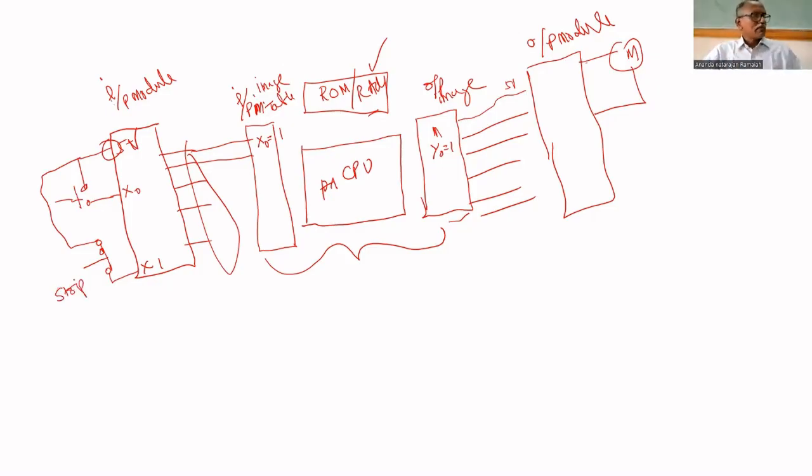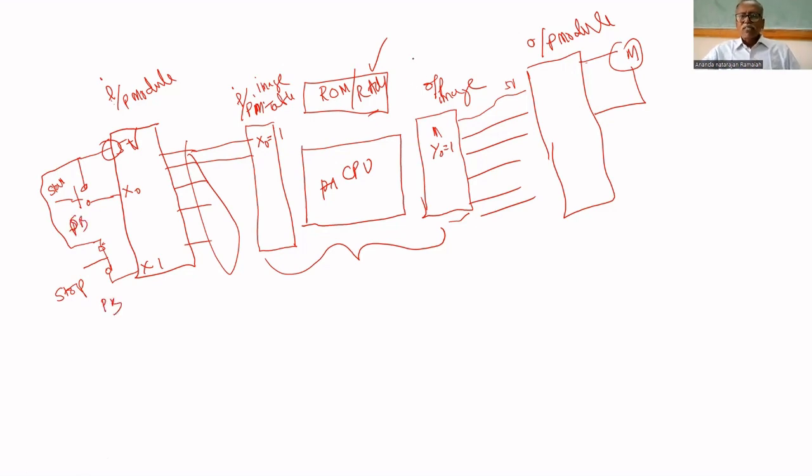If I press it, it will open. This is the stop button, this is the start button. These two hardware parts are required in both cases: in the relay logic method as well as here, you need a start push button as well as a stop push button.